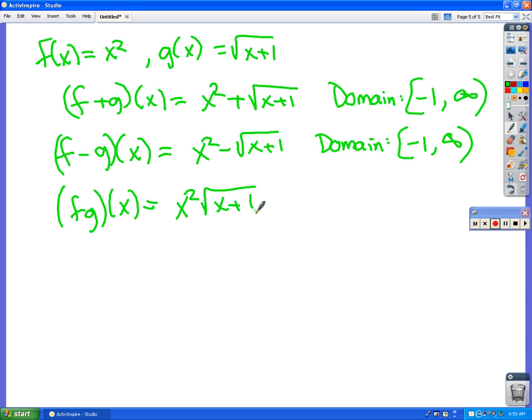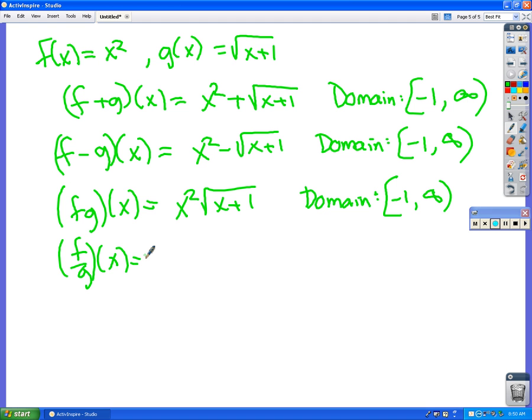Because this is a square root, that's totally different. If this was just straight up parentheses, then yeah, you could multiply it through there and get x cubed plus x squared, but it's a square root, so it is different. Domain, same, negative 1 to infinity.